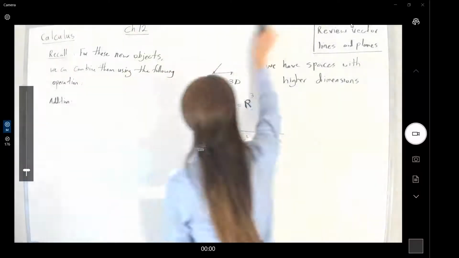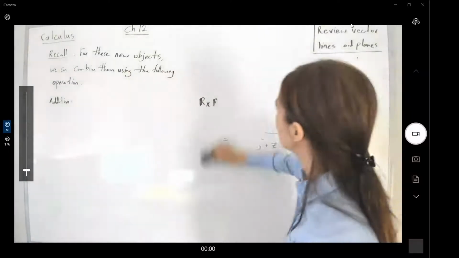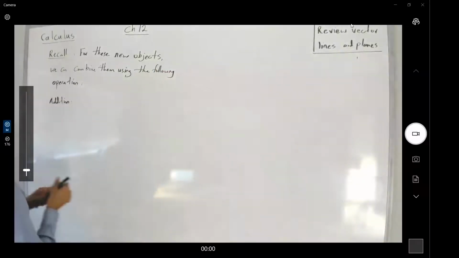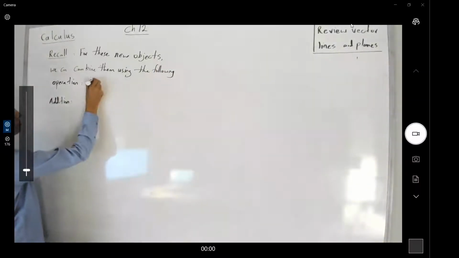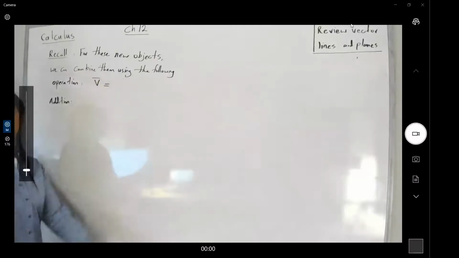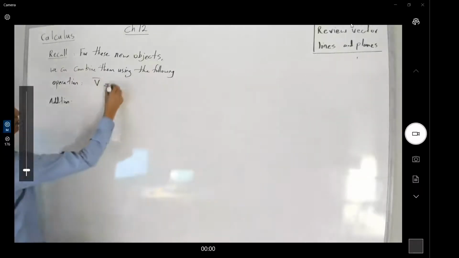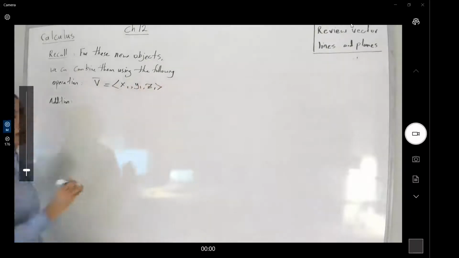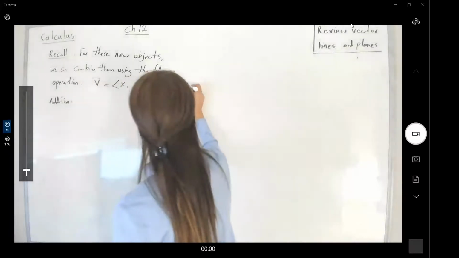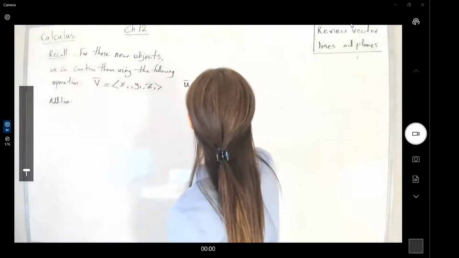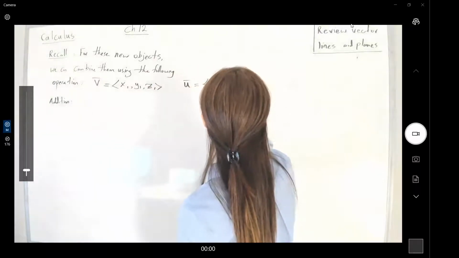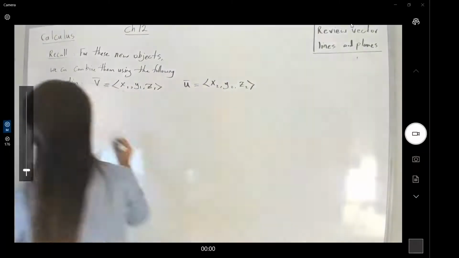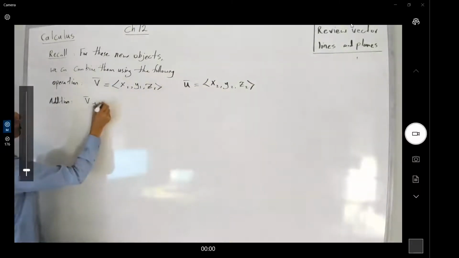So suppose you have two vectors and you're interested in creating a new vector. Let v be vector x sub 1, y sub 1, z sub 1. And your second vector u is vector x sub 2, y sub 2, and z sub 2. Can add these two vectors and create a new vector, v plus u.